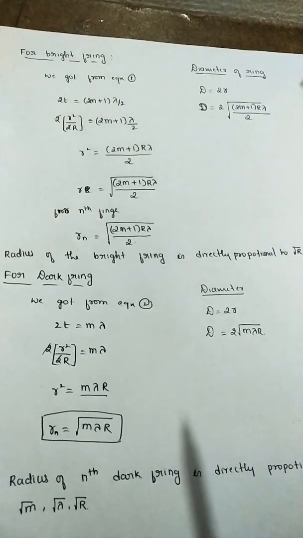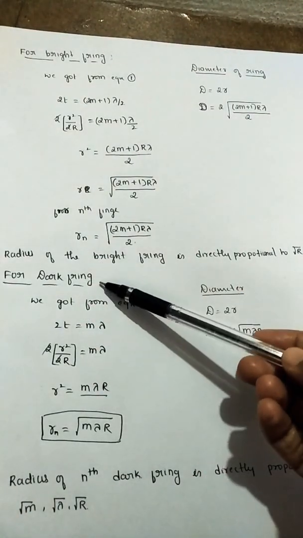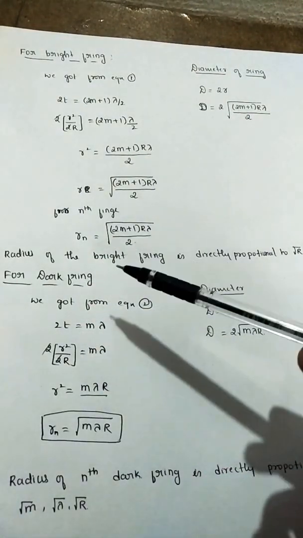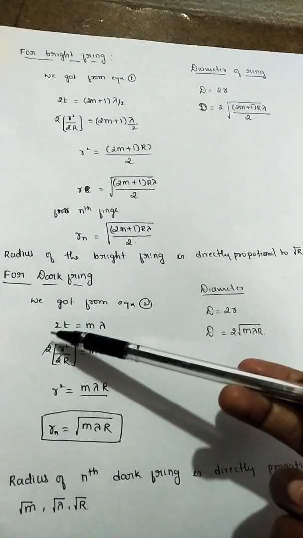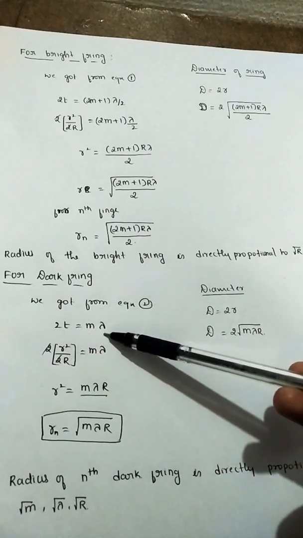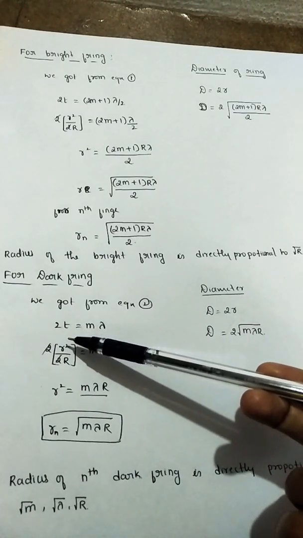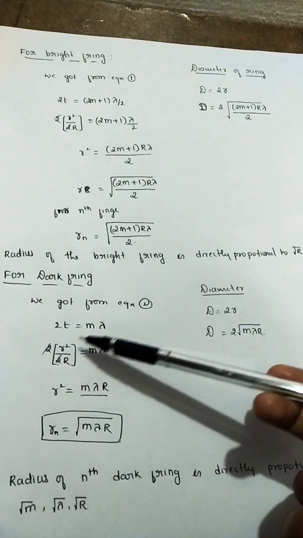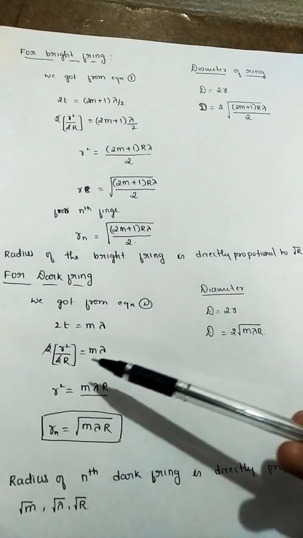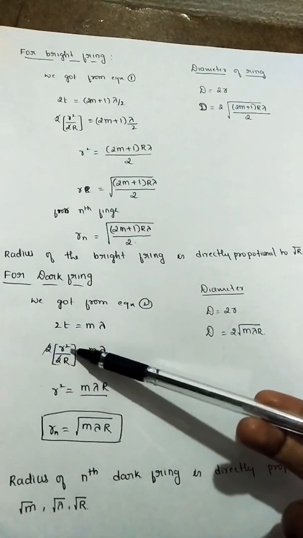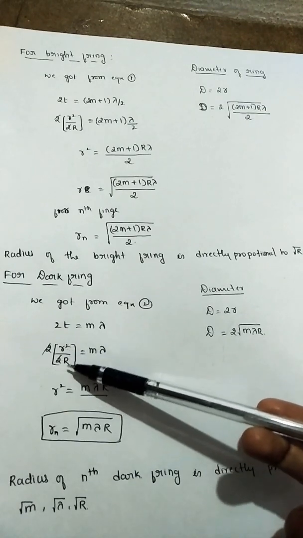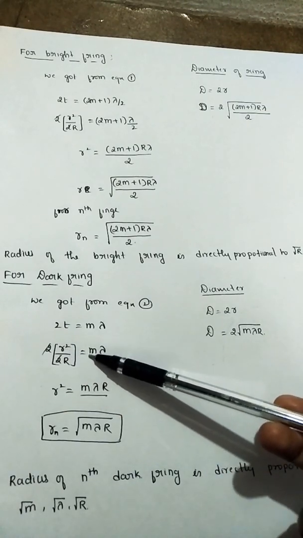Now we'll see for the dark fringes. As we know that for the dark fringes, 2t is equal to m lambda, where t is the thickness of the film and t is equal to r square divided by 2R. Substitute in the above equation, then we'll get 2 into r square divided by 2R is equal to m into lambda.